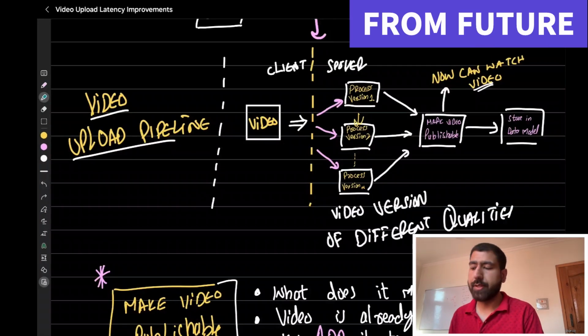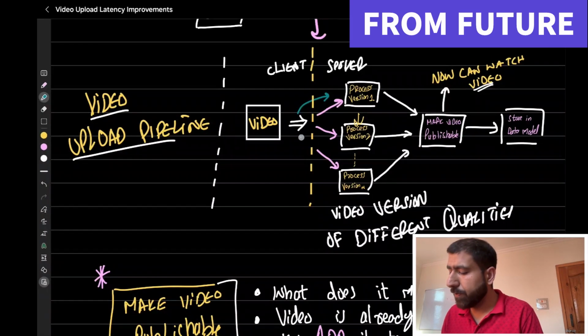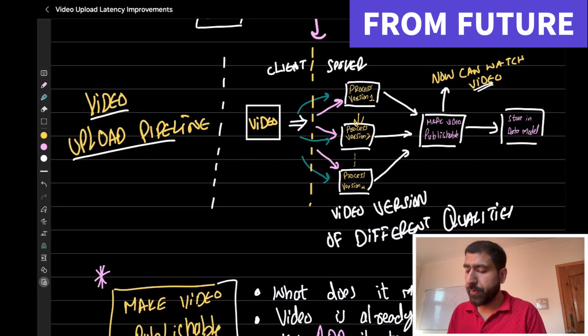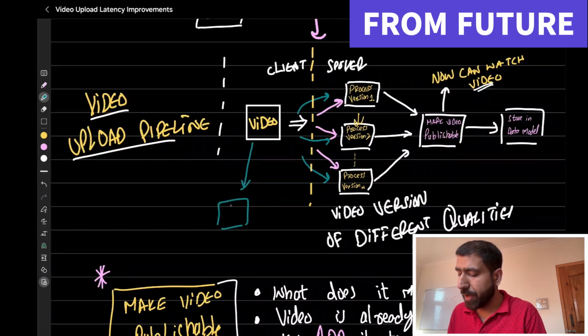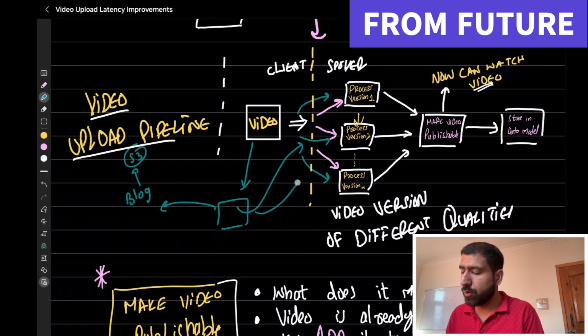I thought I should clarify that we will not be sending the full video to all the different workers. What would probably be happening is this: the video will be sent to a service that will first upload it to some kind of blob storage, for example S3. And then we'll simply share the link with these workers.